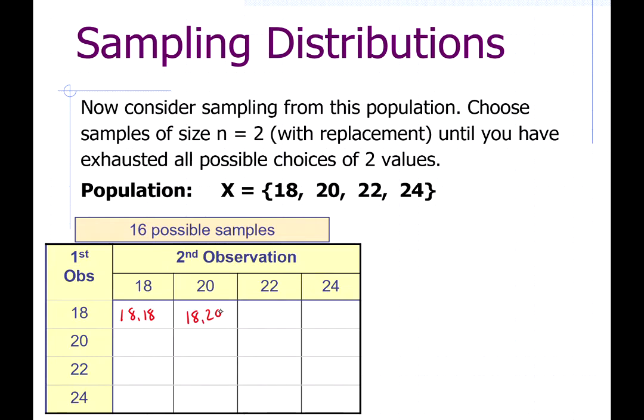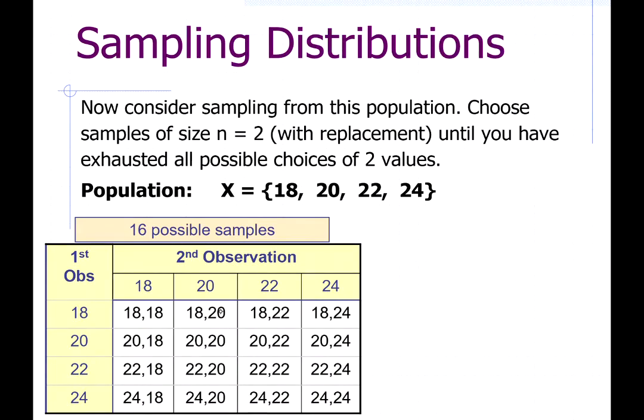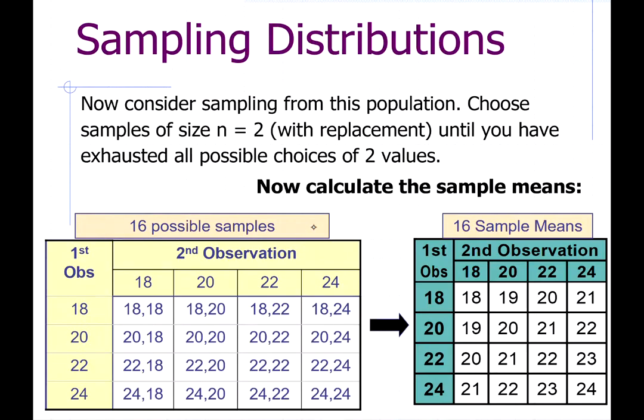So once we list all 16 possible samples with n equals 2 (we could do this with n equals 3 also, but we'll just do n equals 2 right now), for each one of those 16 samples, we could calculate the sample mean. So sample number 1 has a mean of 18. Sample number 2 has a mean of 19, and so on. So these 16 values on the right, each one of these is an X bar.